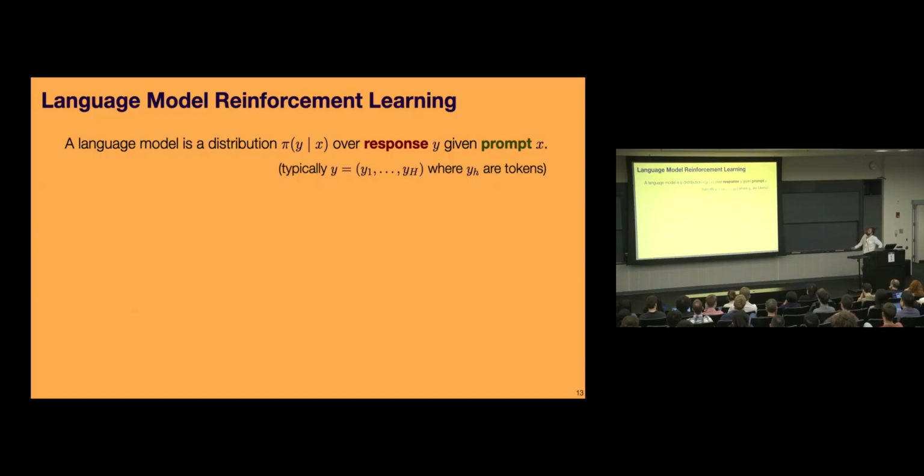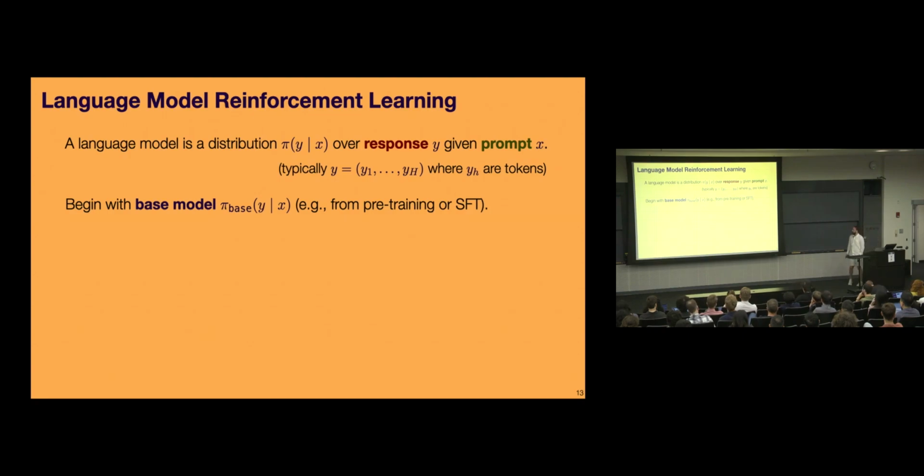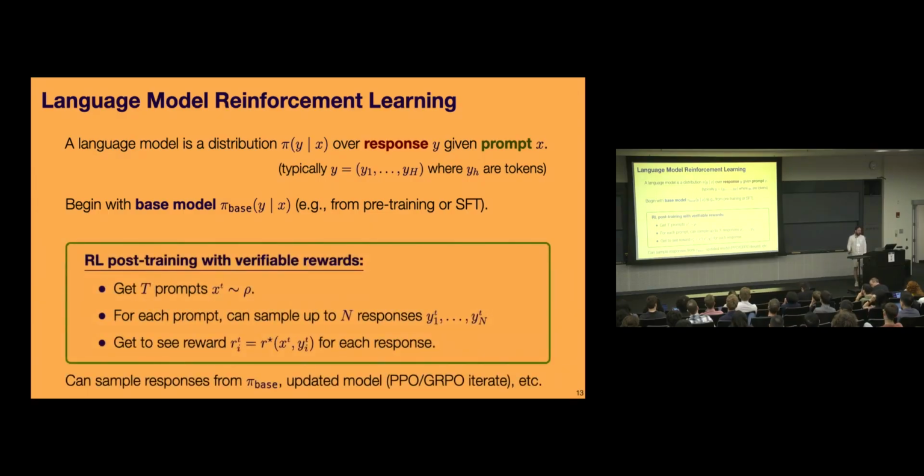Okay, so for post-training, we start off with a base model that I'm going to call pi base, which we imagine comes from pre-training or supervised fine-tuning. And what we want to do is fine-tune it with RL so that it has good performance on some task of interest with verifiable rewards, like math or code.